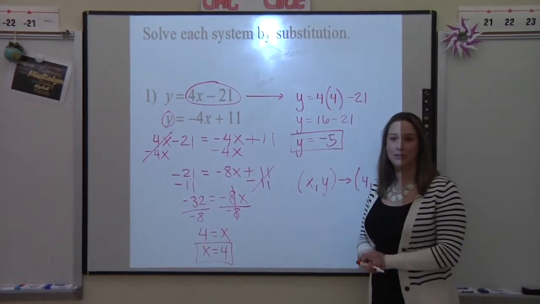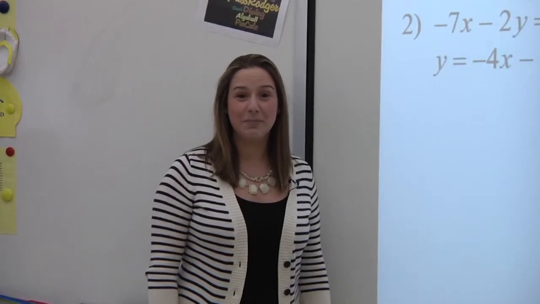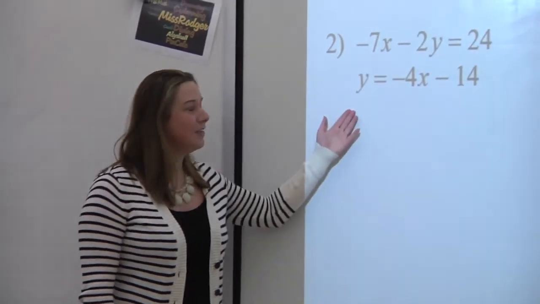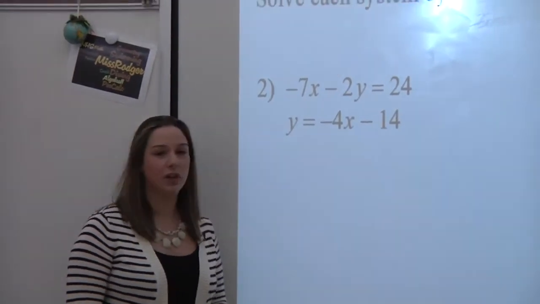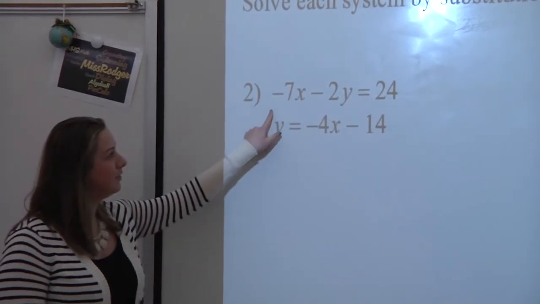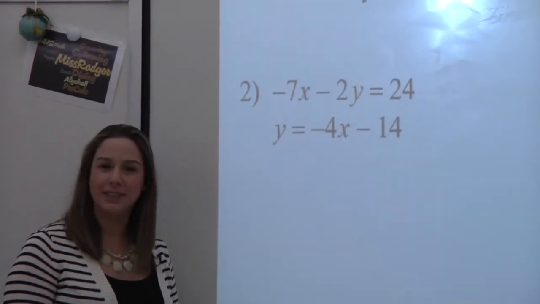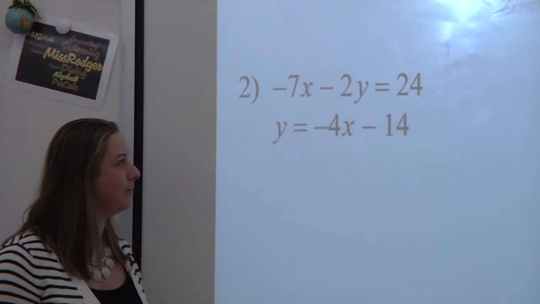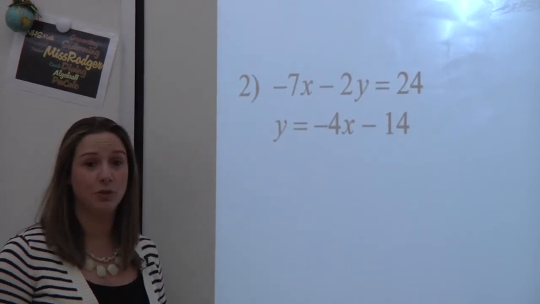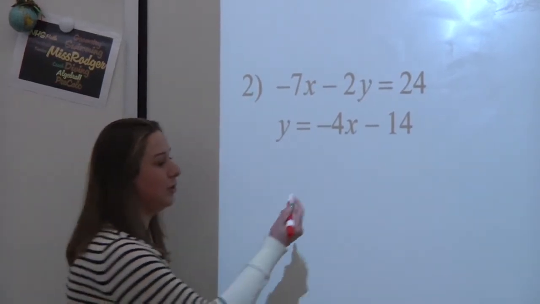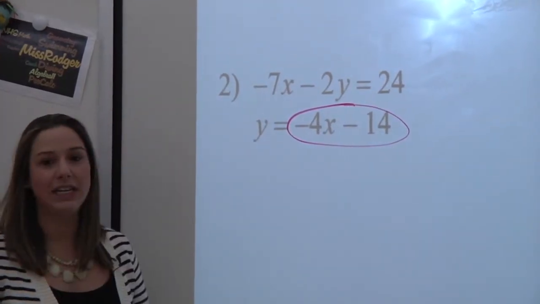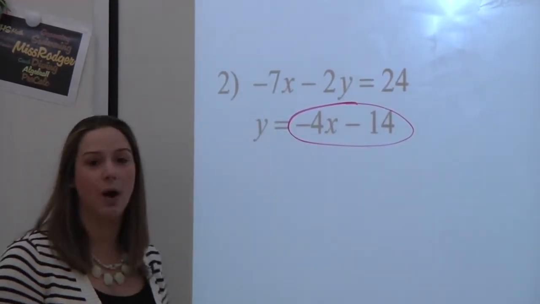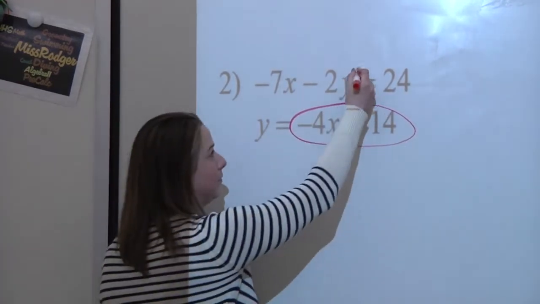That's solving by substitution. Let's take a look at problem number 2. This problem is a little bit different. If you notice, the last equation is solved for y, but the first equation is not. So again, we want to use the substitution method, and we're going to substitute negative 4x minus 14 every single time we see a y in the first equation.